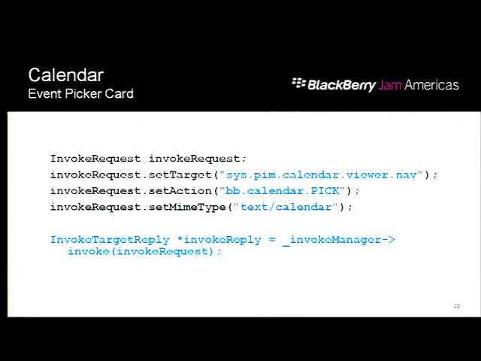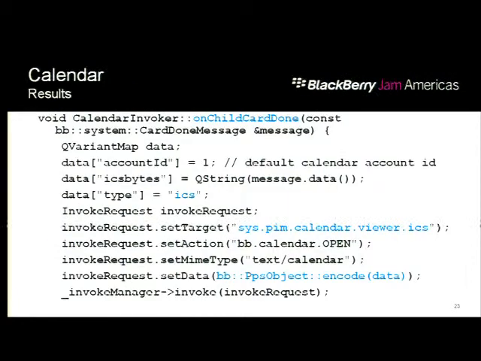And once you set up your invoke request, all you do is use the invoke manager and invoke your invoke request. Once everything's done, you will get this onChildCardDone event. So for this one specifically, what you actually get back is an iCalendar stream of text, basically.